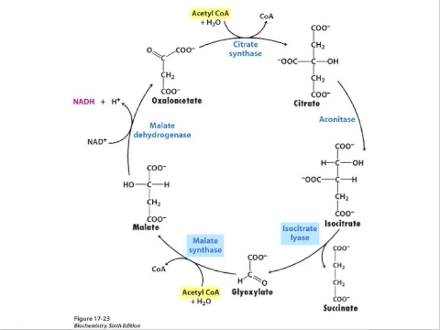So now, anyway, since we have glyoxylate, what can we do with that? Well, we can add another 2 carbons through acetyl-CoA, and through the use of malate synthase, make malate again. Malate can be oxidized by NAD+ to form oxaloacetate and NADH, and then we can start the cycle over again.